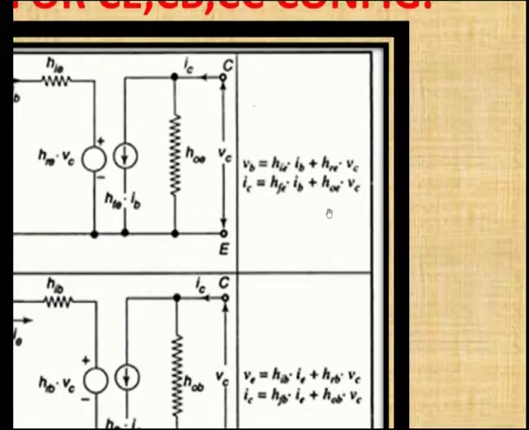For Z parameter, the input current and the output current are considered to be the independent variables, and the input and output voltage are considered as dependent variables, or they are written as the function of those independent variables. Here this is for the hybrid parameter, we have written it.